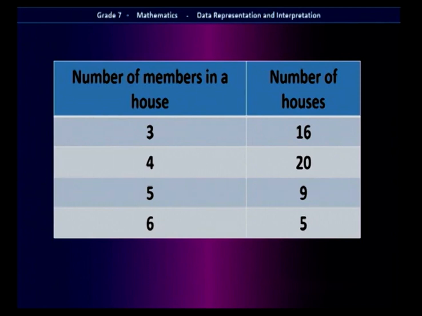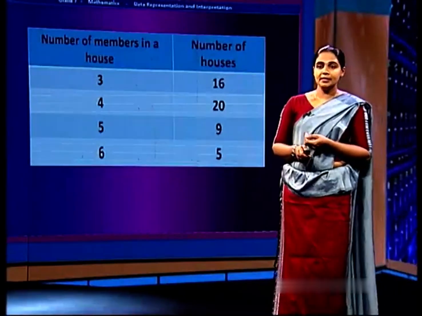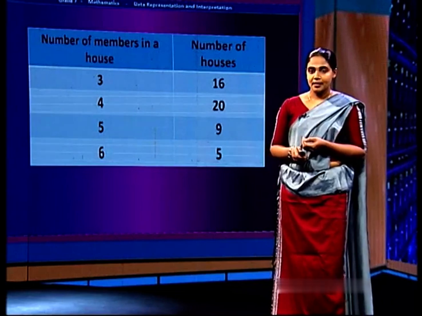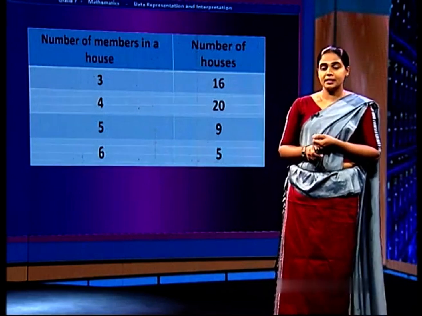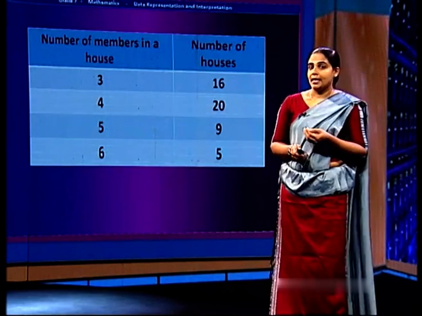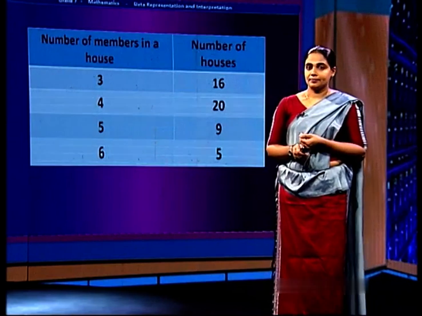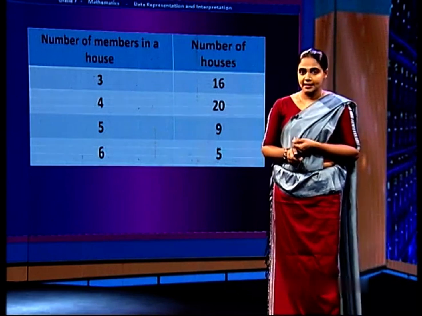Per 3 members it is 16. Per 4 members it is 20. Per 5 members it is 9. Per 6 members it is 5. Now if that person wants to know the total number of people in the village, he has to do a calculation. Now my dear kids, let's go to another slide.